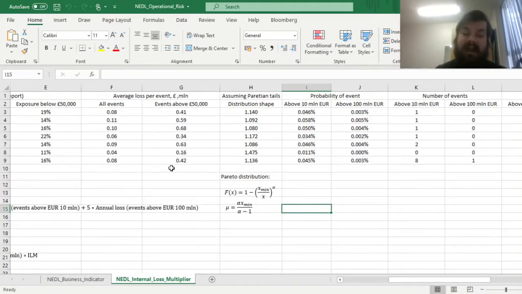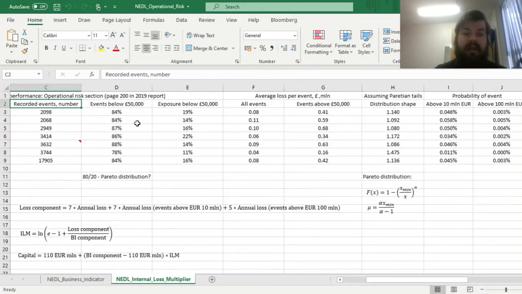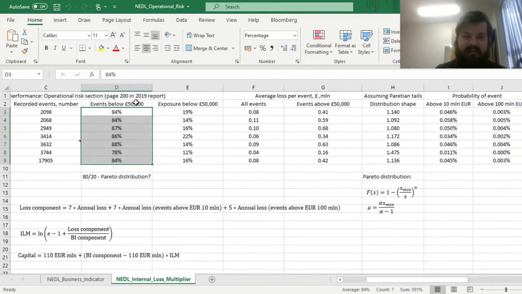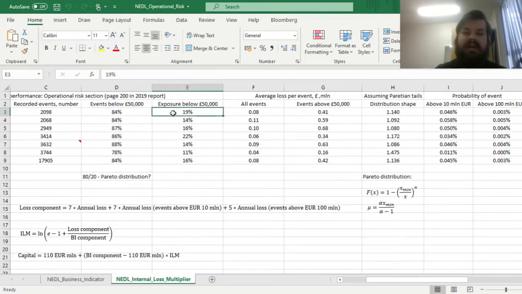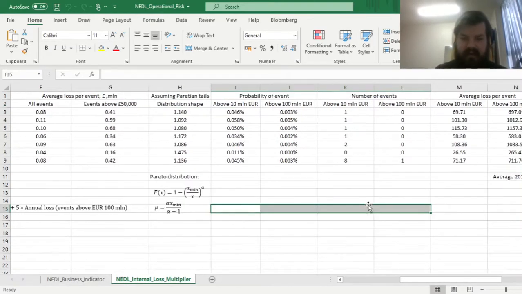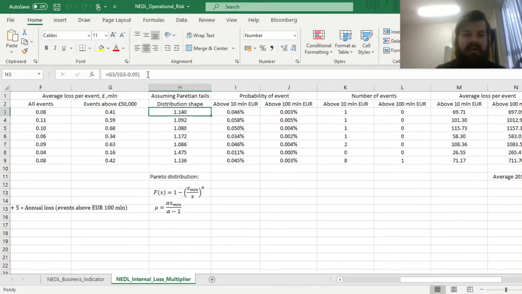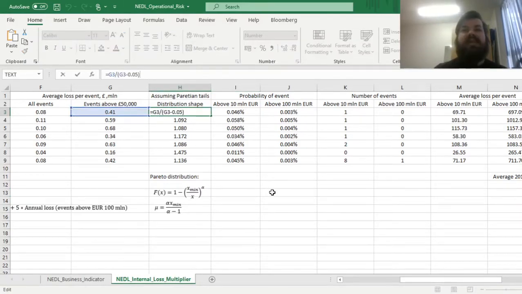And it is again handy that we've got this cutoff value here, £50,000, because Barclays reports how many events there were above this cutoff point, £50,000, and which proportion of the losses these events have accounted for. So we now can actually retrieve the distribution shape of this tail of the loss distribution above £50,000 by using this logic, the method of moments, basically.